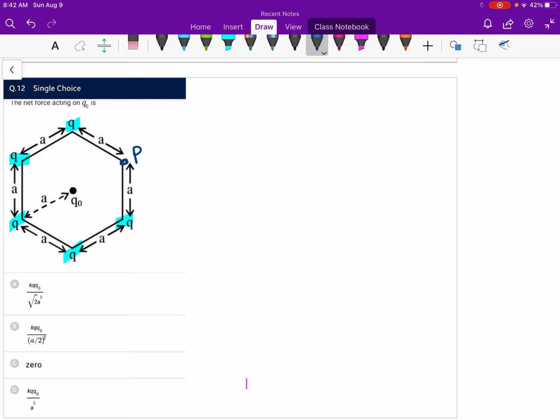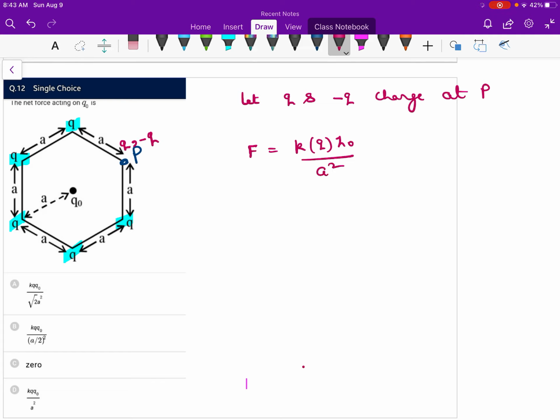So force on Q naught is, let's imagine Q and minus Q charge at P. Due to all the 6 Q charges, the force will be 0. And due to minus Q, the force will be K Q Q naught upon this distance A square. So K Q Q naught upon A square. So D is the correct option.